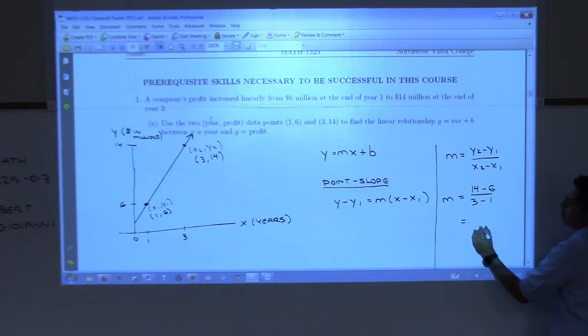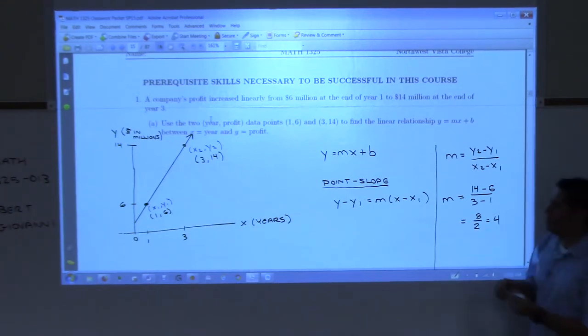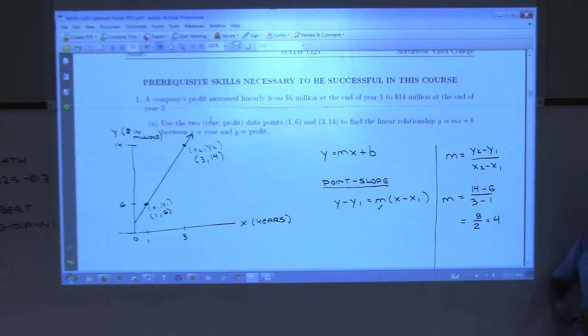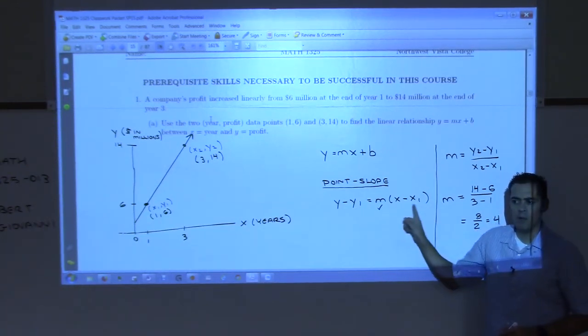And that's going to give us 8 over 2, which is 4. Right? 4 over 1, so that is our slope. Yep? Good? So we know this part of the formula. Check on the m. And now all we need to do is plug in x1 and y1.